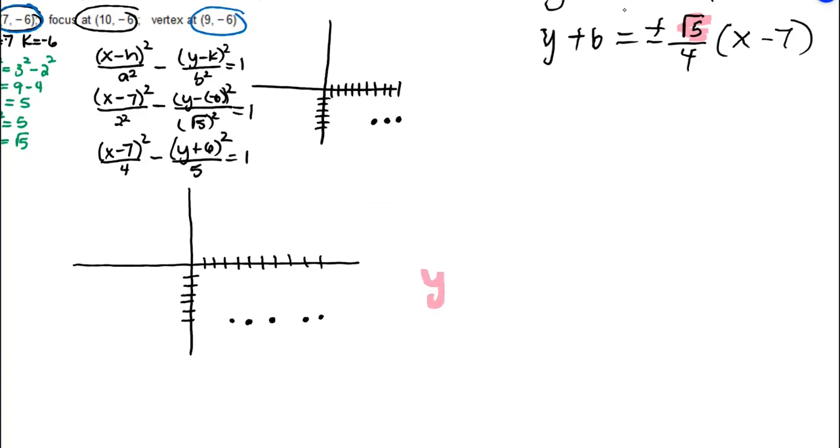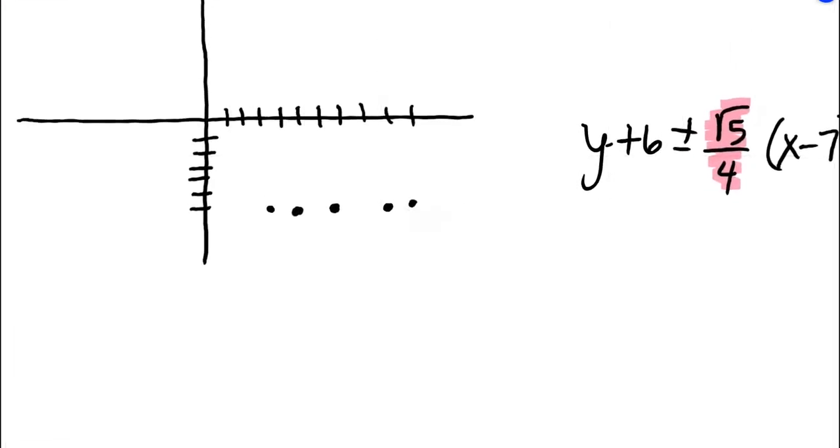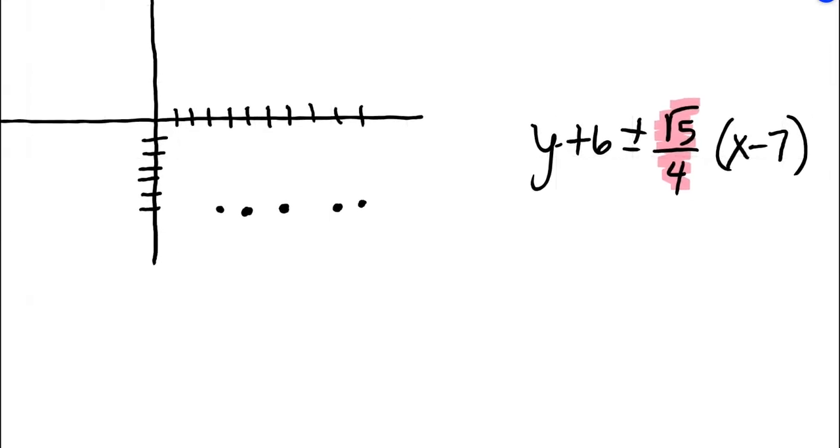Let me write that asymptote down here so I don't lose it: y plus 6 equals plus or minus square root of 5 over 2 times (x minus 7). Okay, so I need the slope to help me draw the asymptote. From the center at (7, -6), I want to rise 2 1/4, so go up 2 1/4 and run 2. 1, 2.